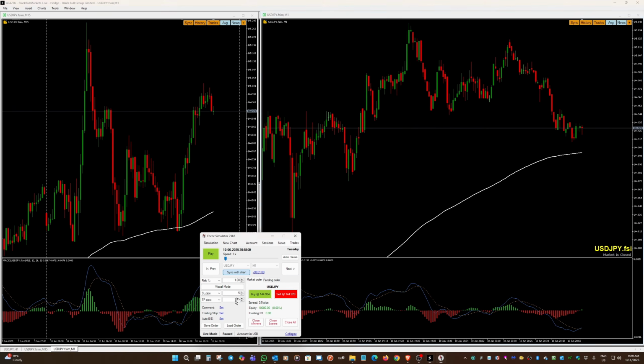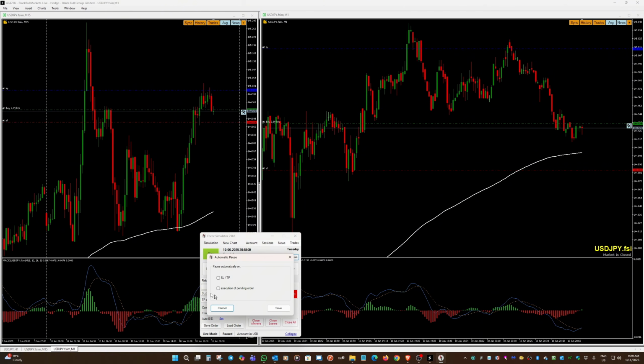So 5 pips, and we'll say 8 pips for our target. That's just a bit better than 1.5. We're risking 1% here to make 1.5%. So entry has been made, let's just hit play and see how it turns out.